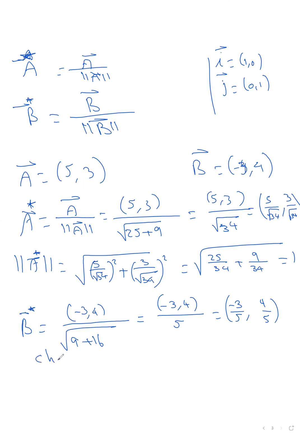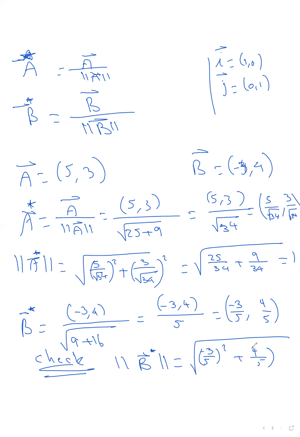Check the answer: the norm of vector B star equals the square root of (negative 3 over 5) squared plus (4 over 5) squared, which equals the square root of 9 over 25 plus 16 over 25, so root of 25 over 25, which is 1.